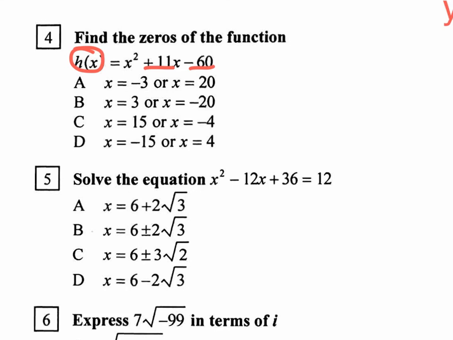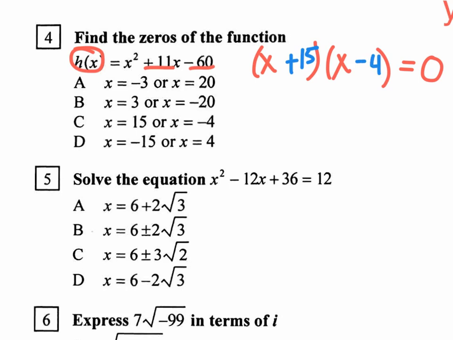So that will be 15 and negative 4. So we are able to factor by putting an x right here and an x right here. We know it's equal to 0 because we're solving. And again, what times what is negative 60 that combines to give you a positive 11? That's a positive 15 times a negative 4.